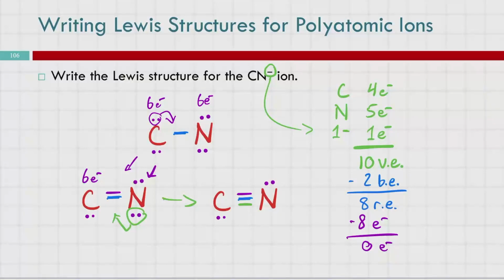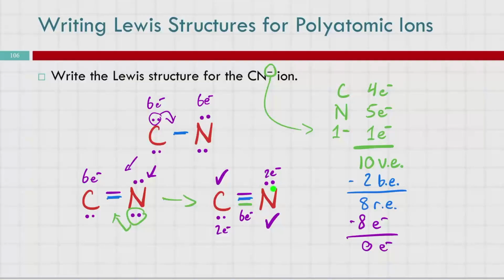So we add in a third bond. And now if we do our checks, carbon has 2 electrons in its lone pair, plus 6 in its triple bond. So carbon has 8.